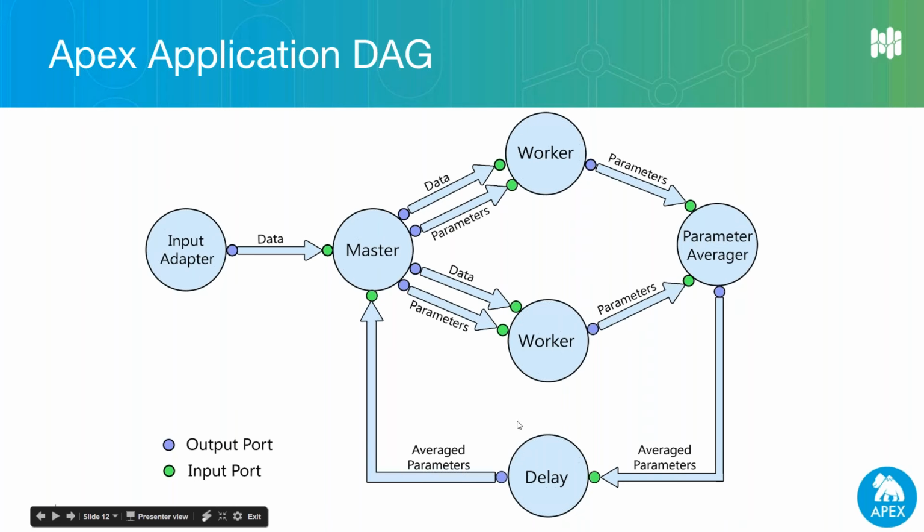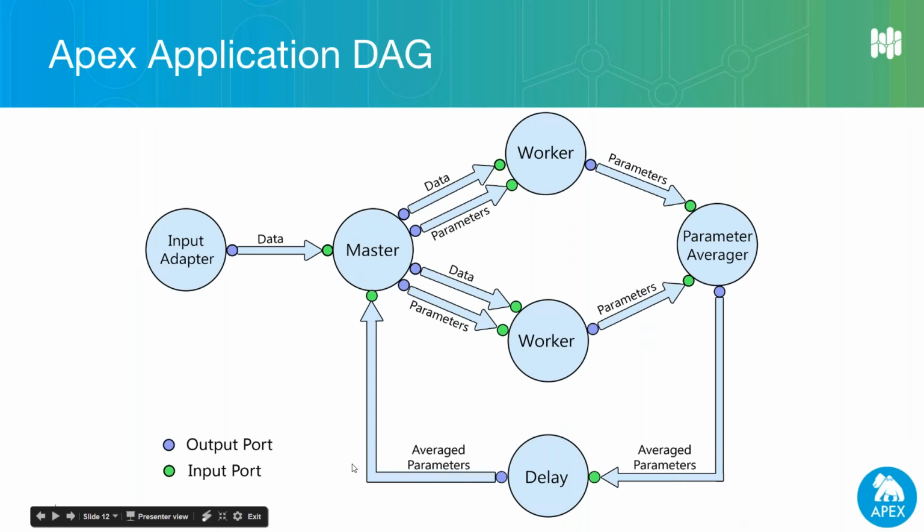This operator is called delay. In a normal application in Apache Apex, you cannot have loops or any back loops in your application, because this is stream processing. You cannot go back in streams in general. But for certain exceptions like machine learning, you need to feed back some data or models for processing.